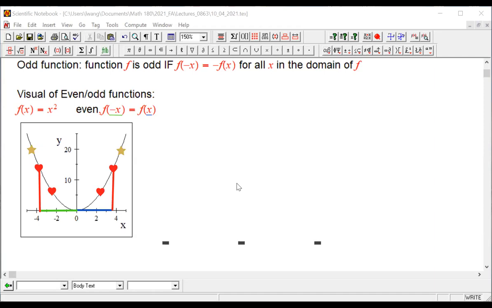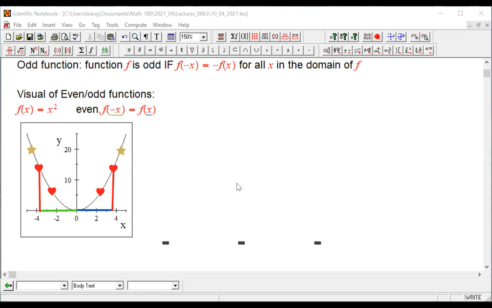Now let's look at the trig functions we have seen: sine, cosine, tangent, cotangent. Which one of these has that kind of symmetry? Would it be all of them? Don't they all have the same?